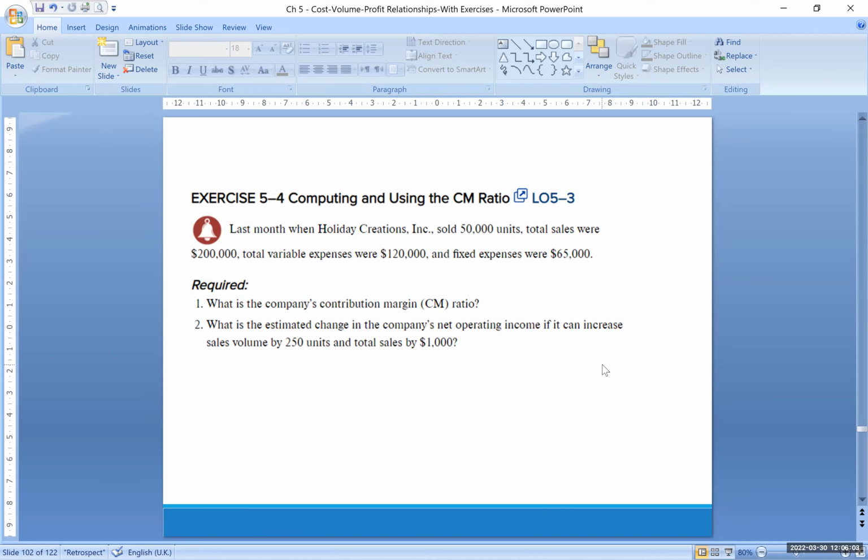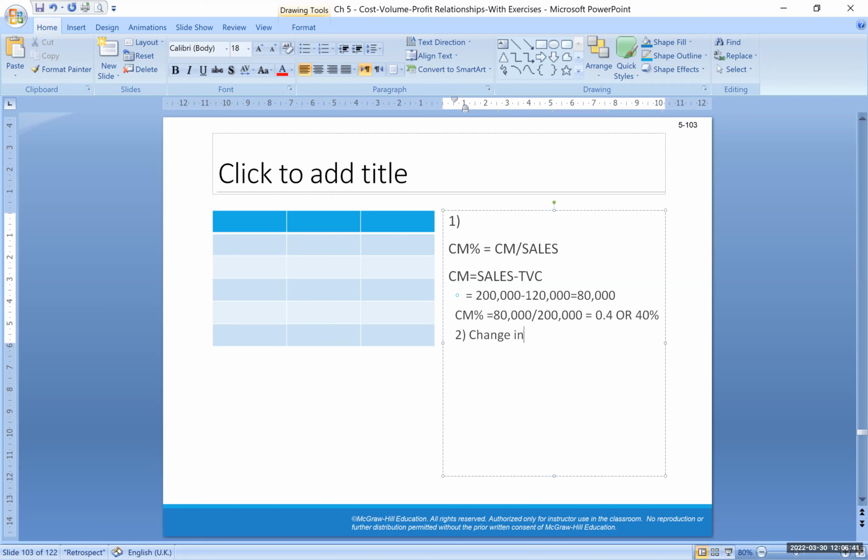Shortcut means we have the change in sales. It is given in the question to be $1,000. Now, multiply by the CM ratio, which is calculated to be 40% or 0.4.